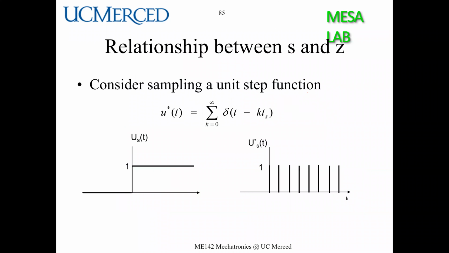Now, in the next 20 minutes, we are going to finish up the relationship between S and Z. Sampling unit. We have a name for this one, did I tell you? Heaviside function. People don't use Heaviside a lot, but I told you I respect him.